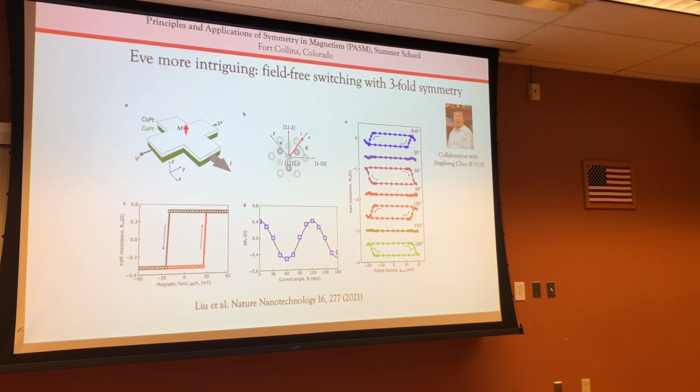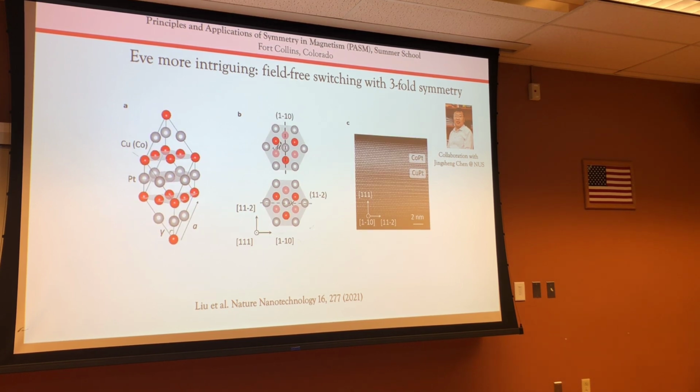Question. I just wonder how good the C3V symmetry is. I imagine if you rotate the structure by 180 degrees, it may still exist, but with a one atomic layer displacement. Right. So are there structural domains?